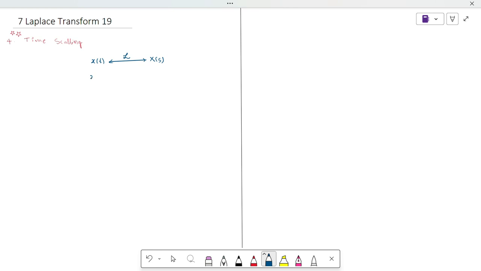So for x of at, what is the Laplace transform?